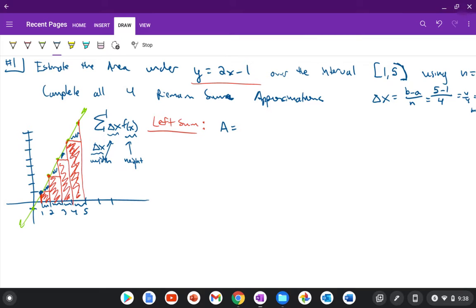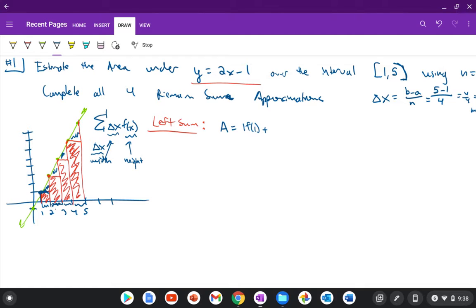So for example, our first one, our width times our height. Our width is 1 times our height. Now our height is going to be f of 1, because that's where we get the height of our first rectangle. So it's 1 times f of 1. That's our first rectangle.